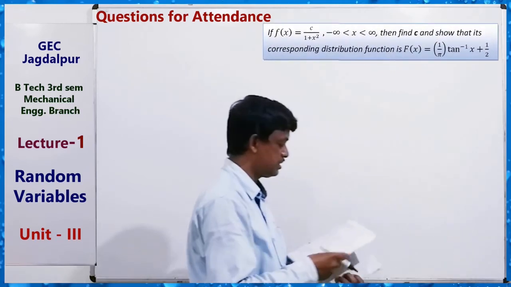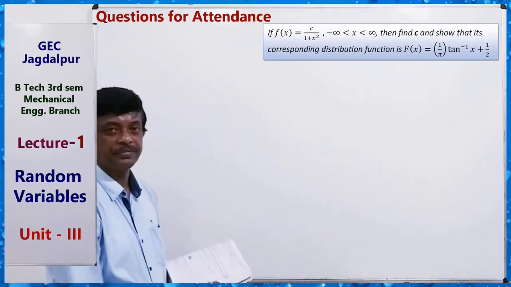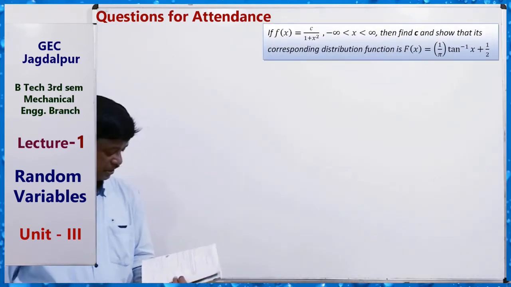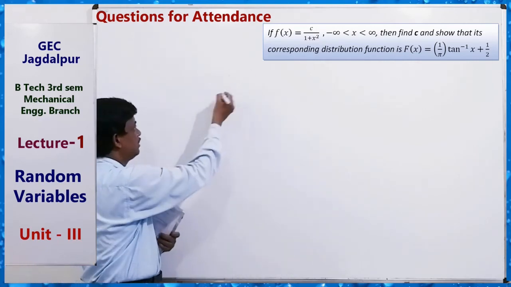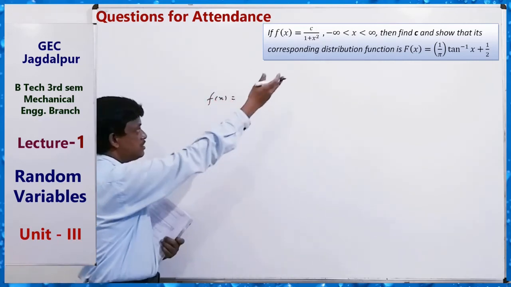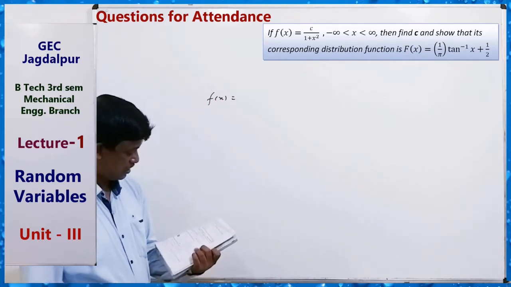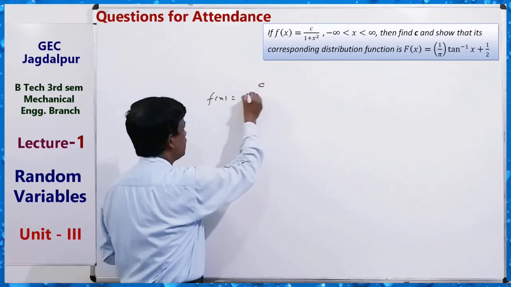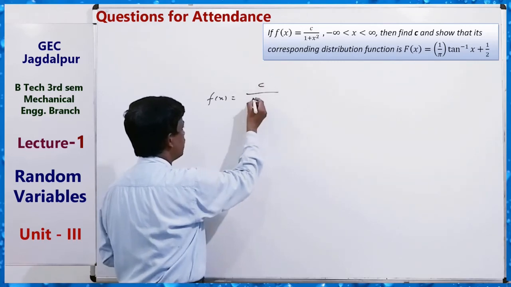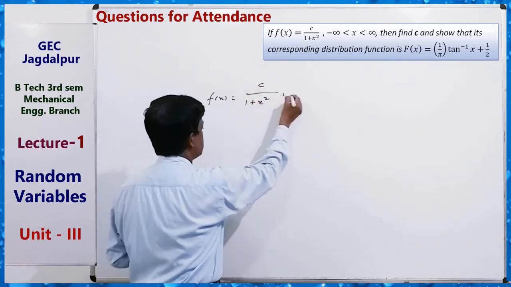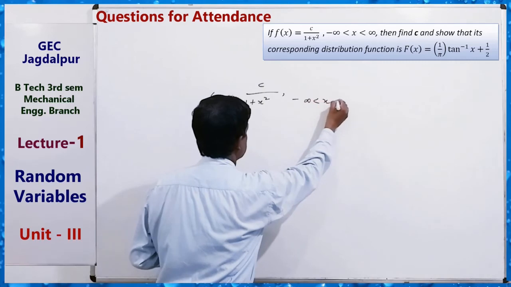The third question is given here. If f(x) equals c by 1 plus x square, c by 1 plus x square, here minus infinity less than x less than infinity.